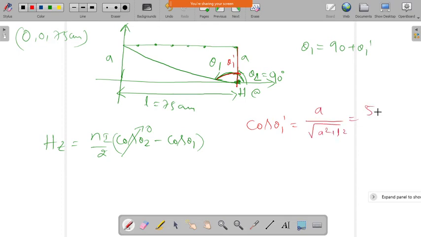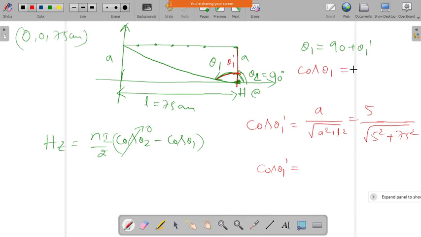This is nothing but the radius which is given, 5 into 10 power minus 2, divided by square root of 5 square plus 75 square, since both are in centimeter.